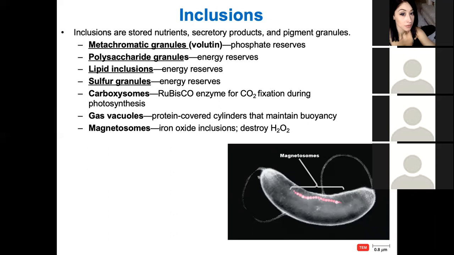These are phosphate compounds, which are metachromatic because they appear in different colors under the light microscope. And these are stores of phosphate. Phosphate is very important to bacterial cells, or all cells, but especially to bacterial cells, and it is sometimes rare in the environment. So it is of great advantage to prokaryotes to store phosphate.